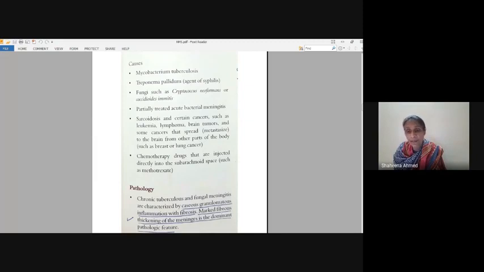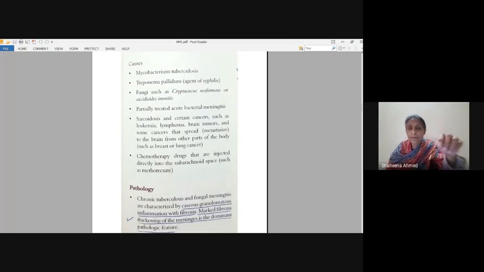Because chemotherapy drugs are usually injected in some cases directly into the subarachnoid space, this can cause direct infection to that area.